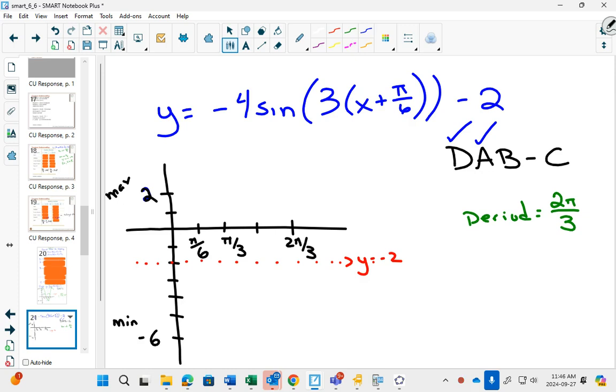And the third one will be 3 pi over 6. You can label it as 3 pi over 6, or you can label it as pi over 2. Both are fine. I usually just go with 3 pi over 6 because I'm counting. But if you would like to redo something, you can. So again, the B value in DABC, that takes a little bit longer.